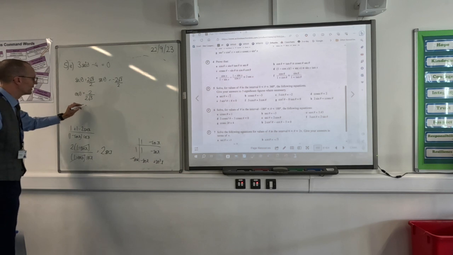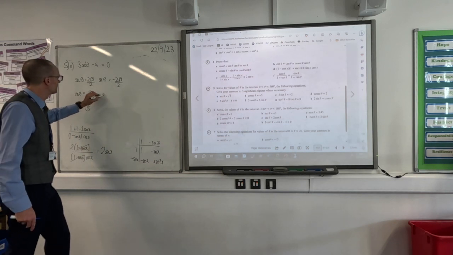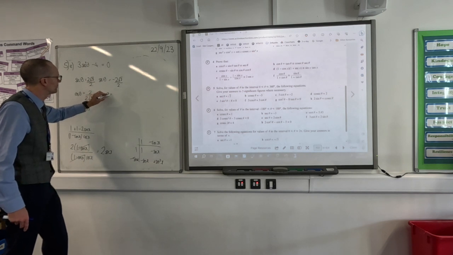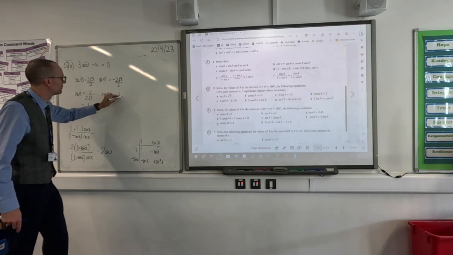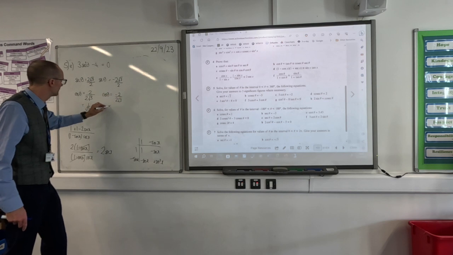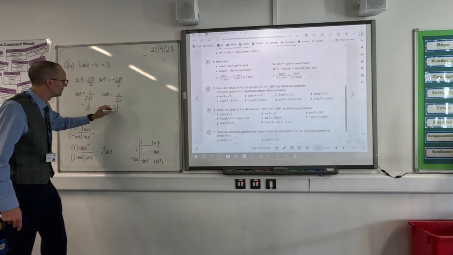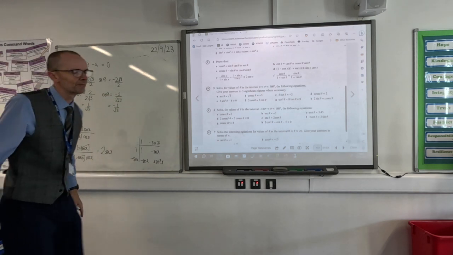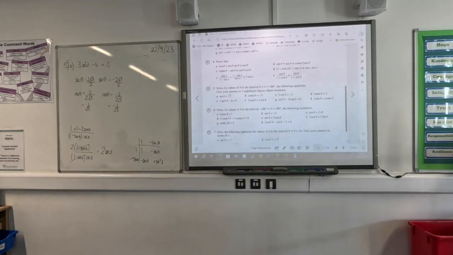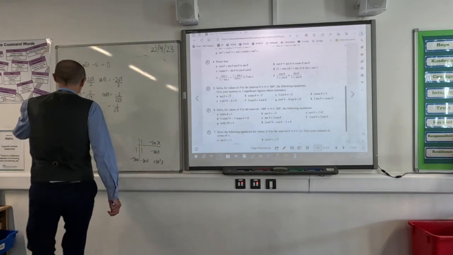And of course that simplifies down to 1 over root 3, doesn't it? Sorry, isn't it over 3? Oh, is it? Oh, right, so it doesn't simplify then. Thank you. Sorry.